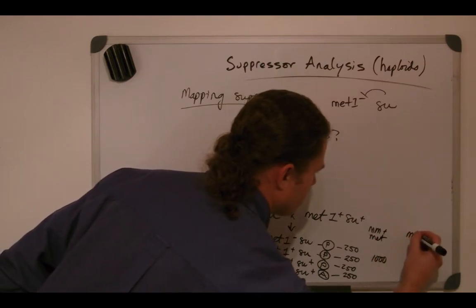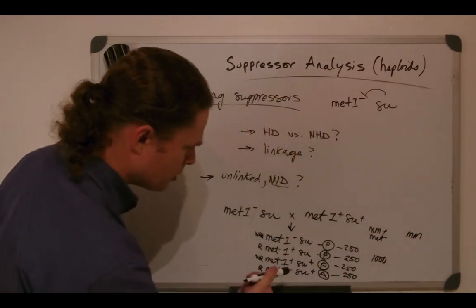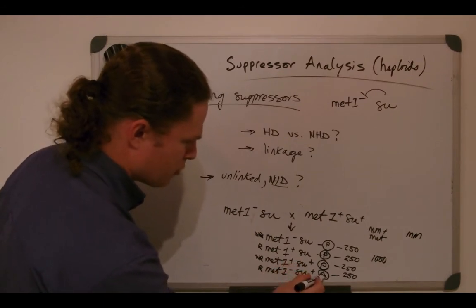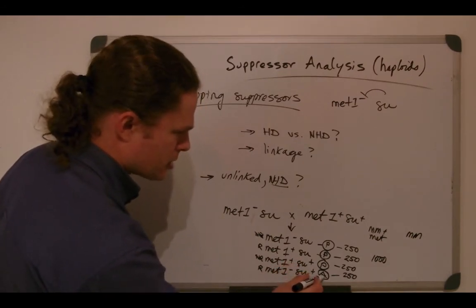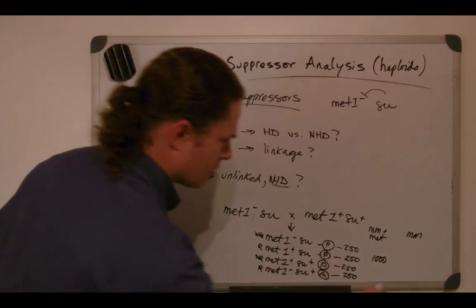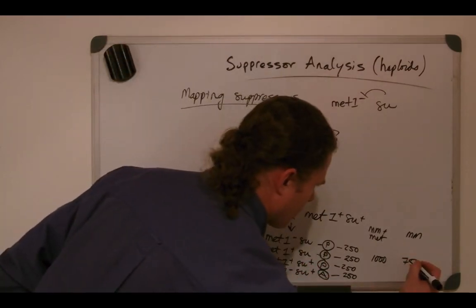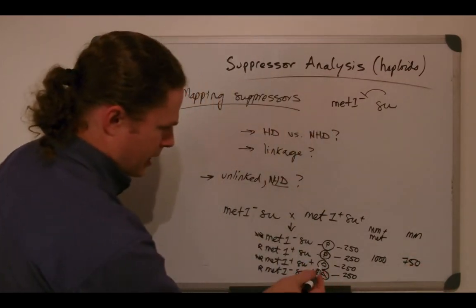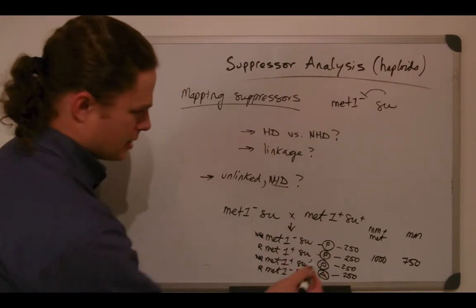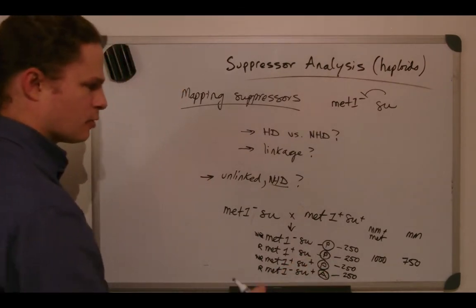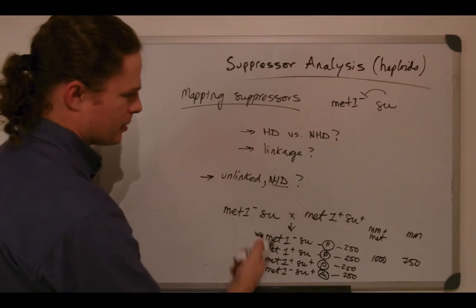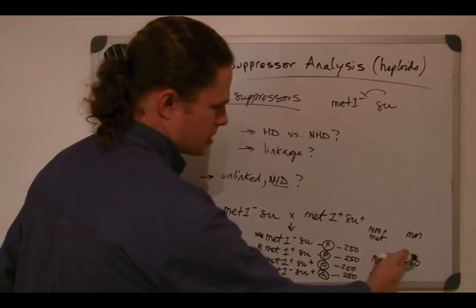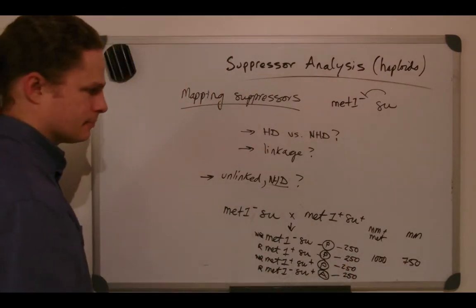And on minimal media alone, only the one auxotroph genotype will not grow. So we would see 750 that grow on minimal media, because we would have these prototrophs. These three genotypes would be prototrophic. So for an unlinked non-heterodimer suppressor, you would expect to see this pattern in the offspring.